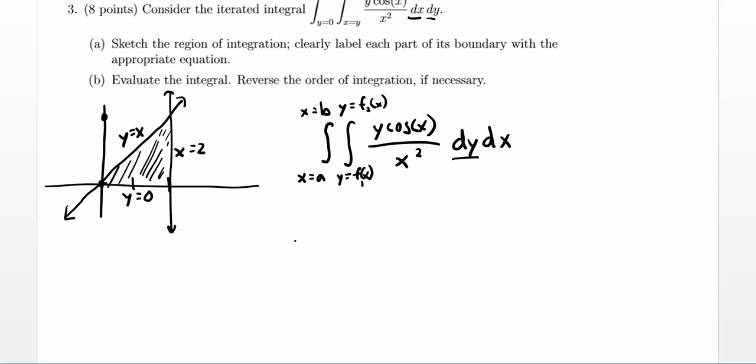On the top, we are bounded by the graph y equals x, and on the bottom, y equals 0. And then for dx, we're bounded on the left by x equals 0 to x equals 2. And then the function is the same.